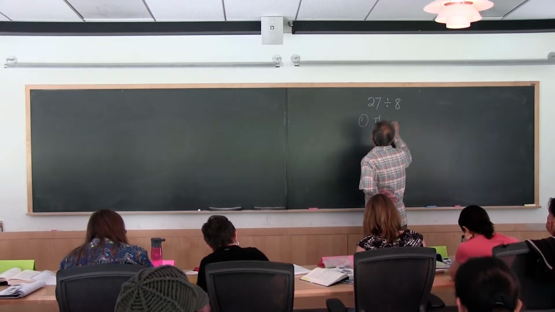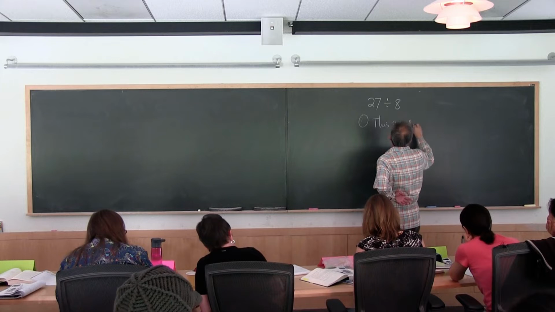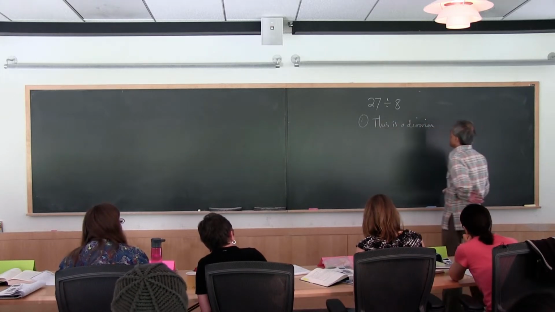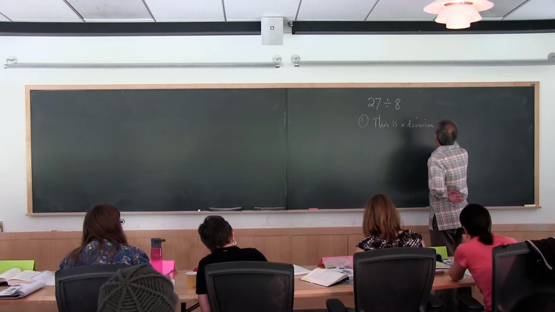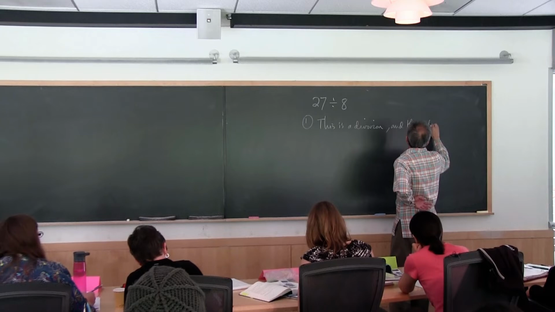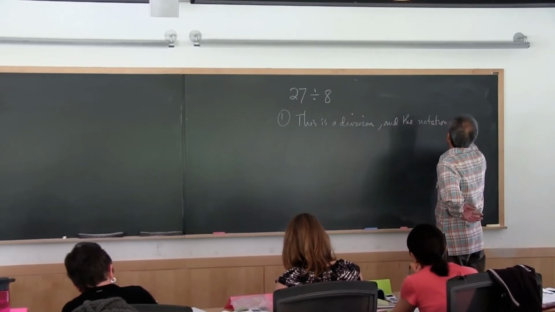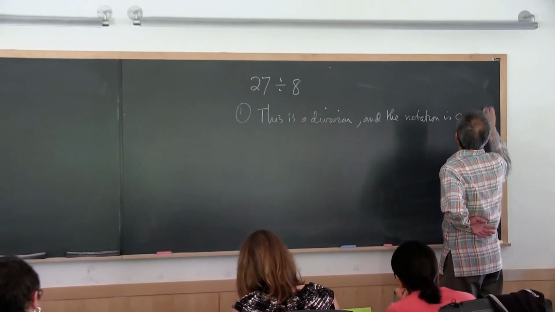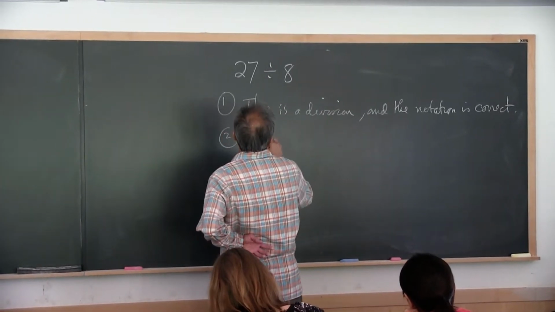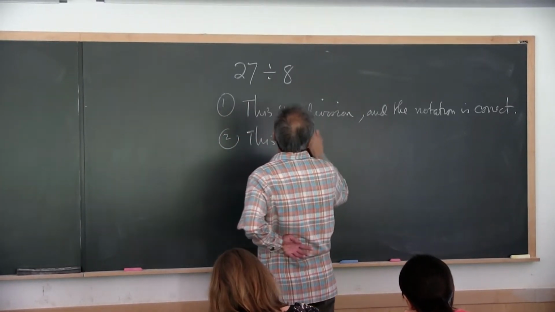One, this is a division, and the notation is correct. Two, this is not a division, period.